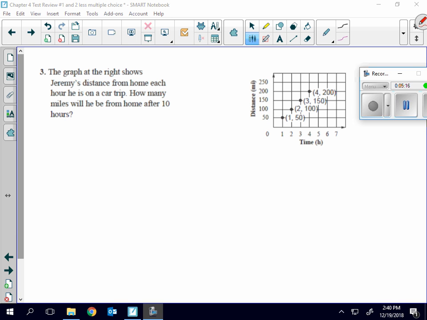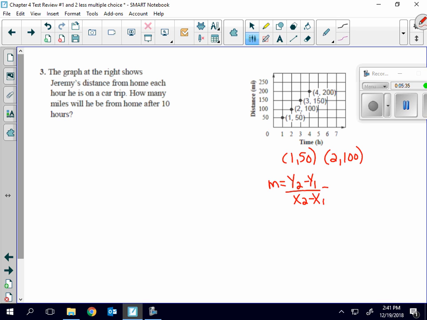We need to know the slope. What does it go up by every time? You can use the 2 points, 1 comma 50, and the second point 2 comma 100, and you can find slope that way using the slope formula. m equals y2 minus y1 over x2 minus x1.